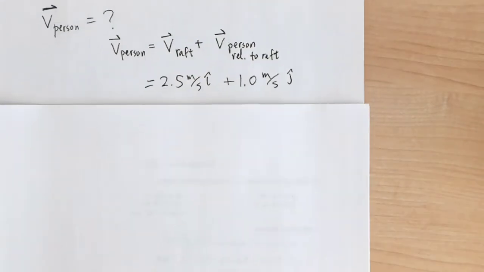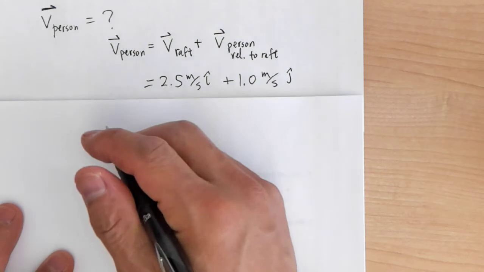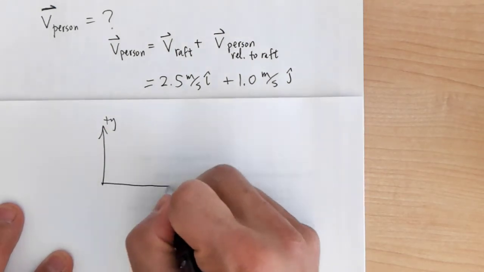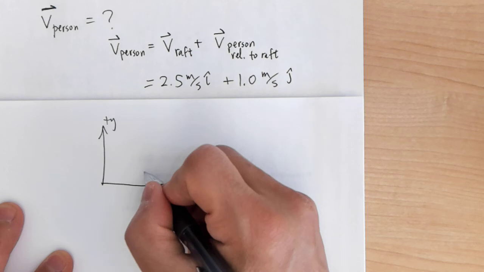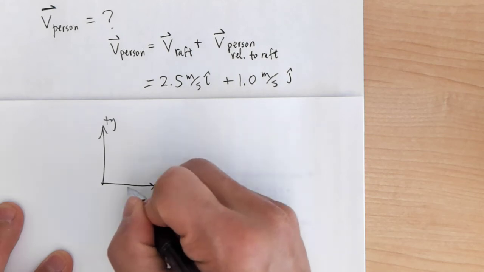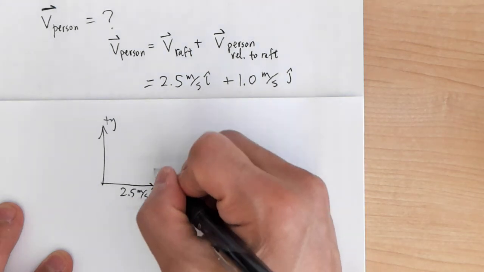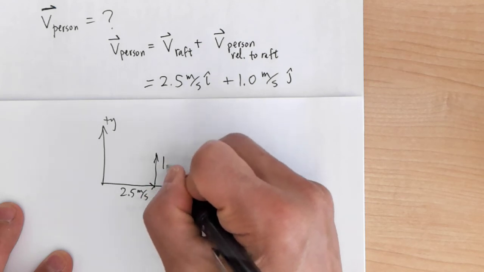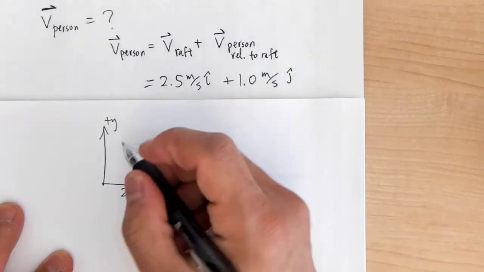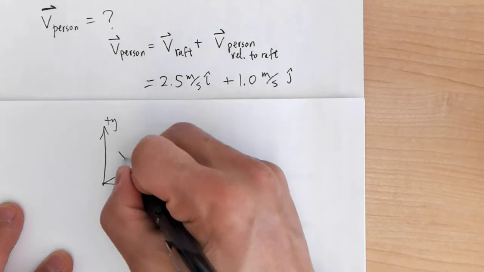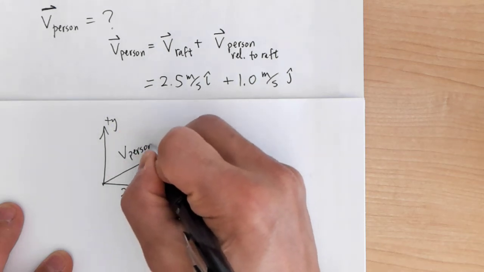So now we're just doing a little bit of trigonometry. So we have plus y direction, plus x direction, and I have 2.5 meters per second for the x component, and then I have 1.0 meters per second for the y component, and so this will be my velocity of the person.